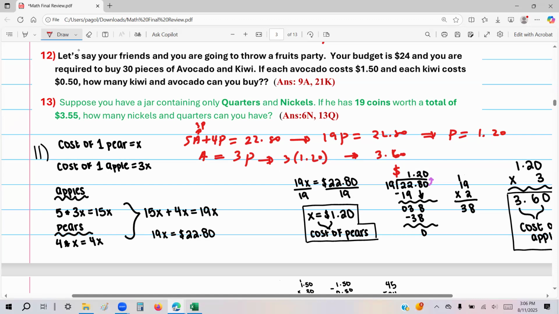The second question says we need avocados and kiwis, 30 pieces. So avocado plus kiwi is 30, and the total money is $24. So one equation will have $24 on one side, and on the other side we have avocado is $1.50 and kiwi is 50 cents. So 150 avocado plus 50 kiwi equals $24.